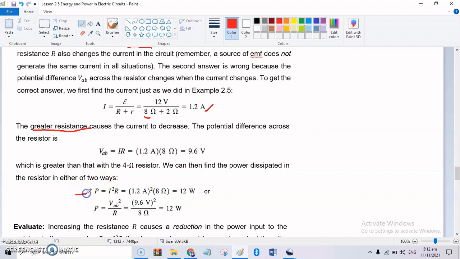Two ways to solve the power is when we are given the I and the R, or the VAB and R. So I squared R, 1.2 squared times 8, equals 12 watts, which is also the same as 9.6 squared over 8 equals 12 watts.